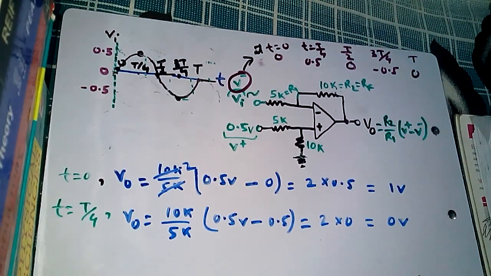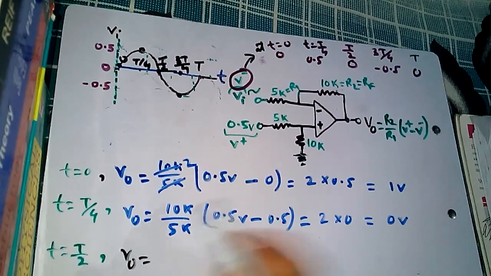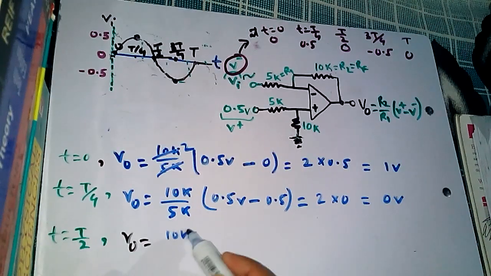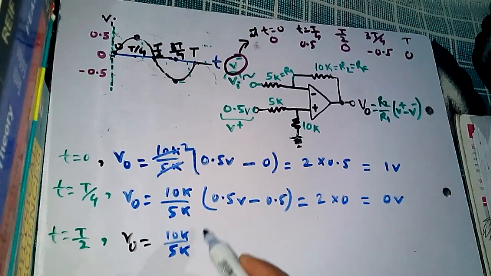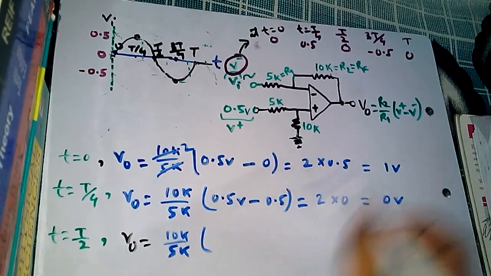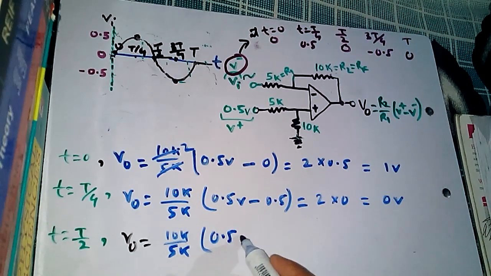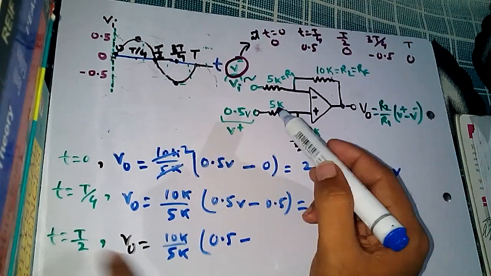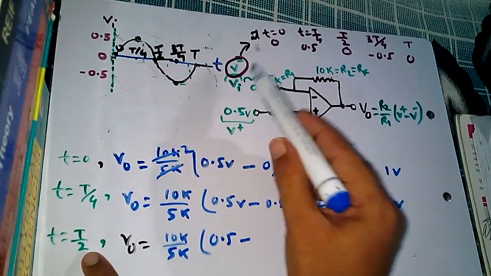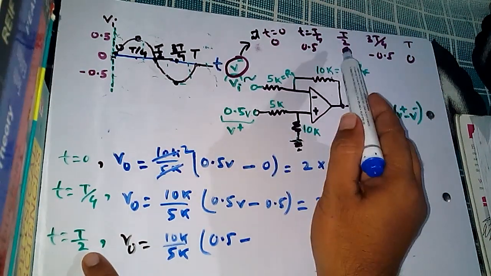Then next, let us find the output at T by 2, half of the time period. Output is again R2 by R1, that means 10k by 5k, into V plus, which is always 0.5, minus V minus at T by 2, which is 0.